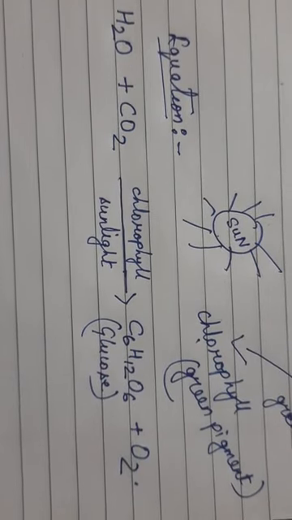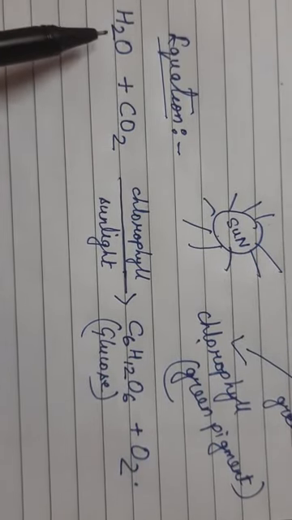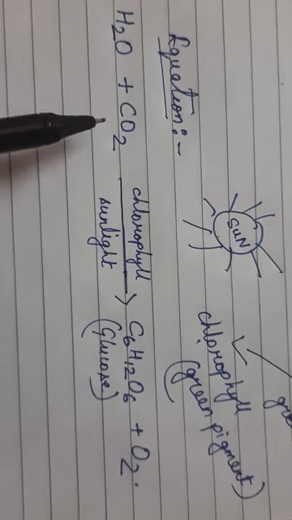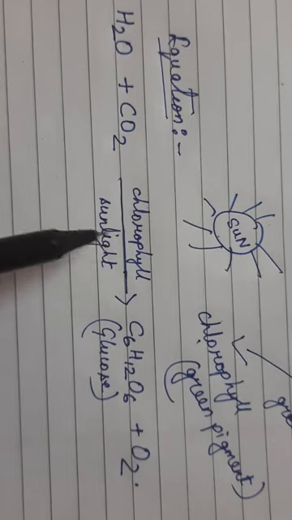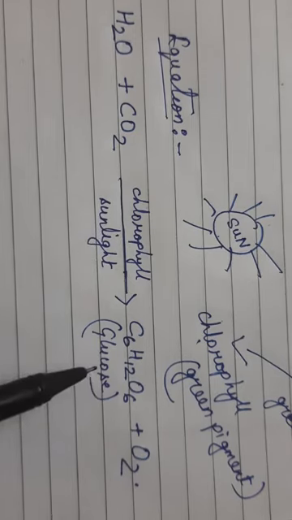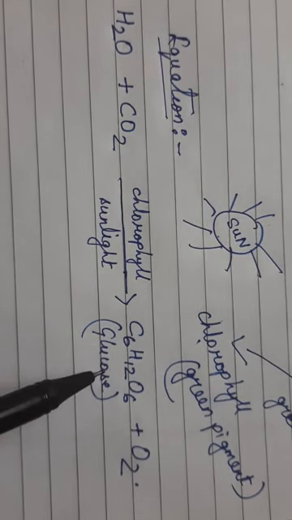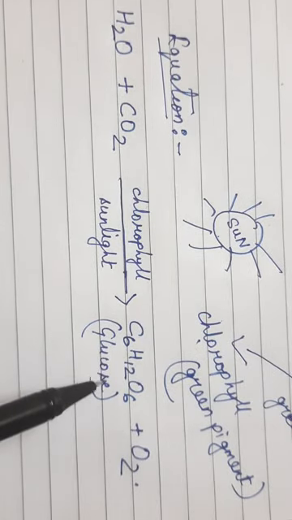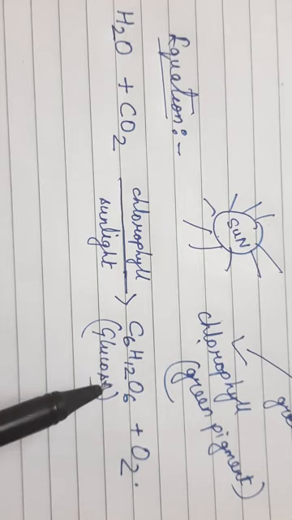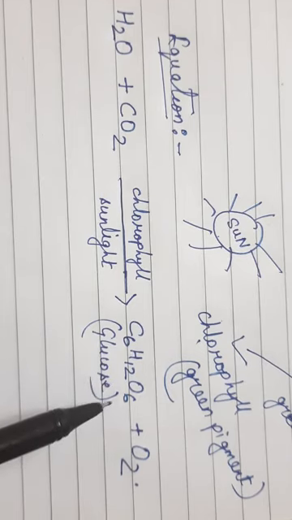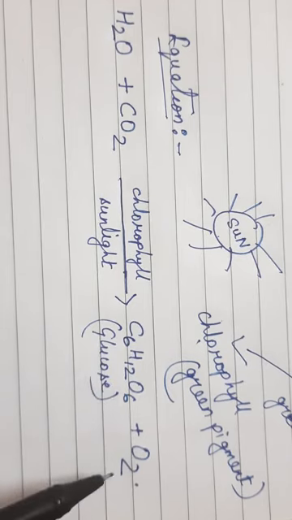The green plants take water from the soil and carbon dioxide from the air in the presence of chlorophyll and sunlight. And what do they prepare? They prepare the food, and the food is in the form of glucose. What is the formula of glucose? C6H12O6. That is glucose, and oxygen is released.